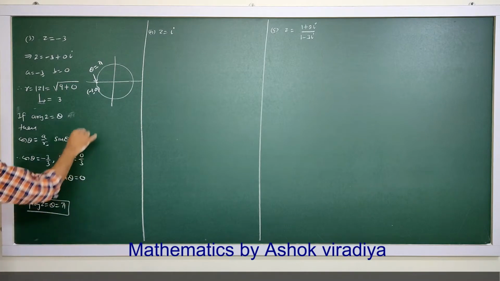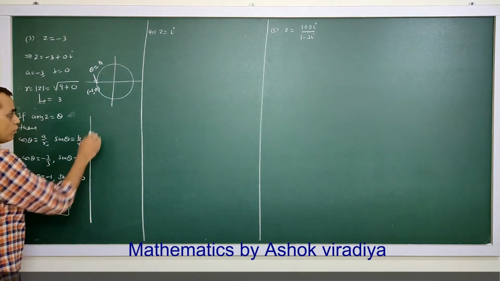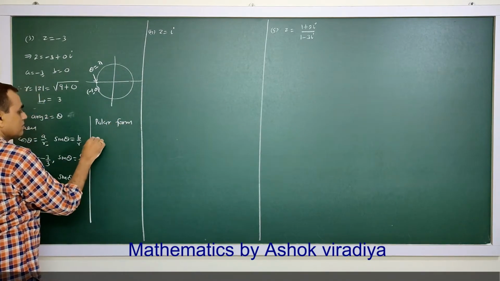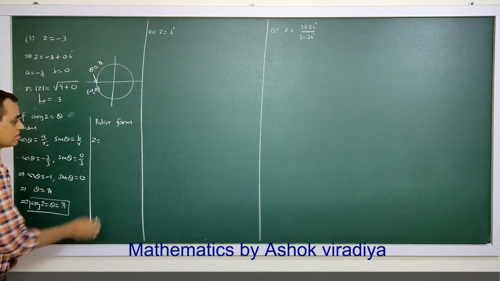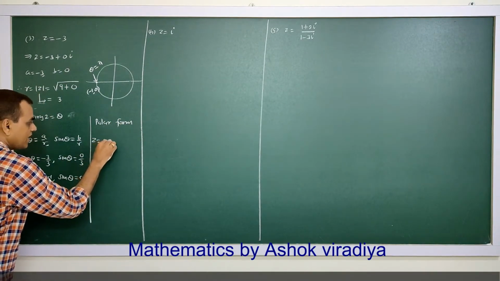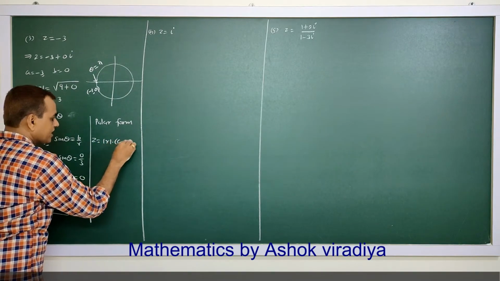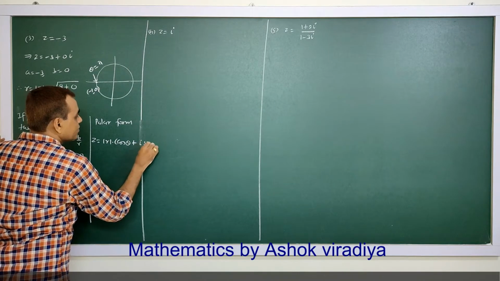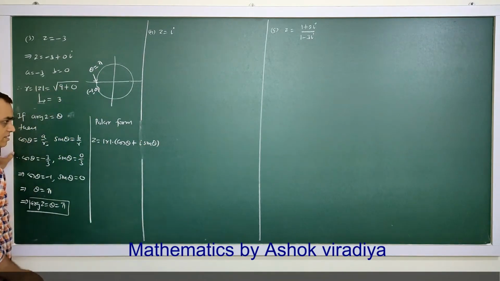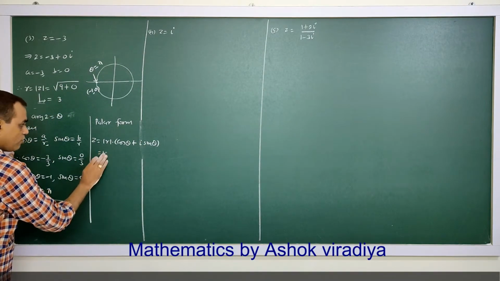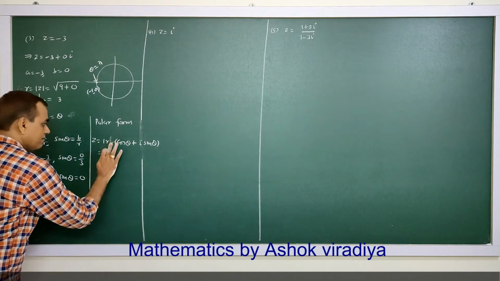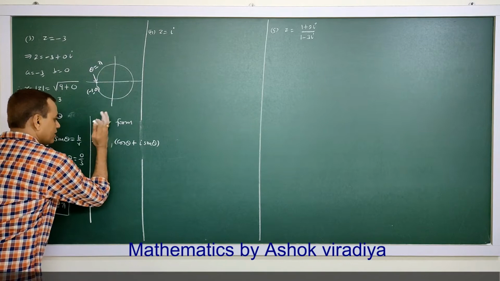And the polar form of z is modulus r into cos theta plus i sin theta. Sorry, they put here r, only r.